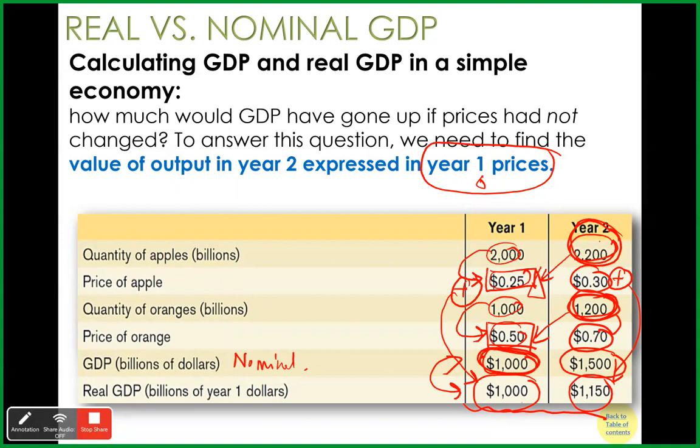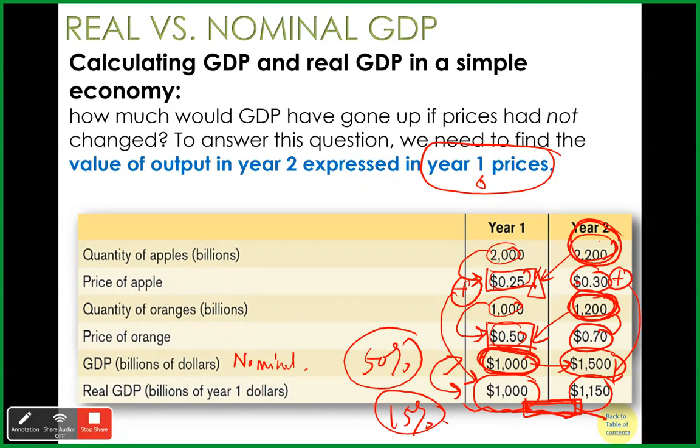From here, we can calculate that the growth or change in quantity is a 15% increase. But if you look at nominal, it's 50%. That's dramatically different, and this 50% is largely coming from price change. Okay, so that's the value of real GDP.